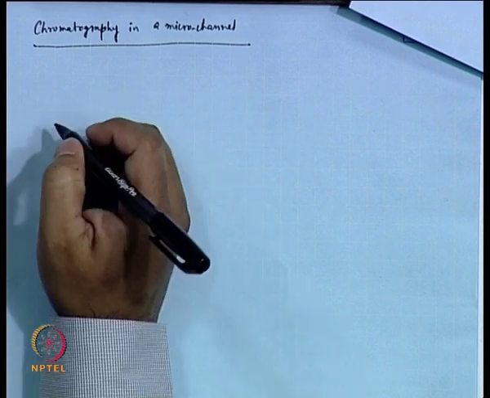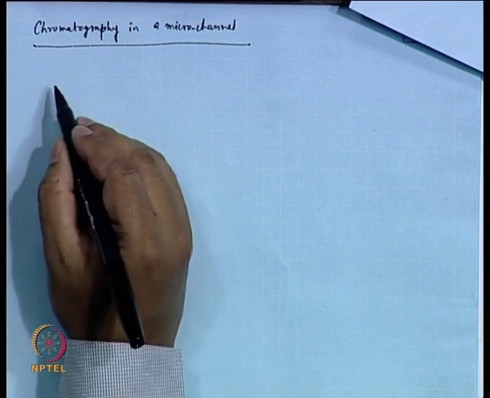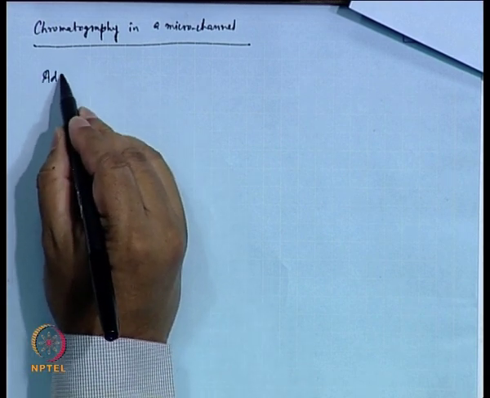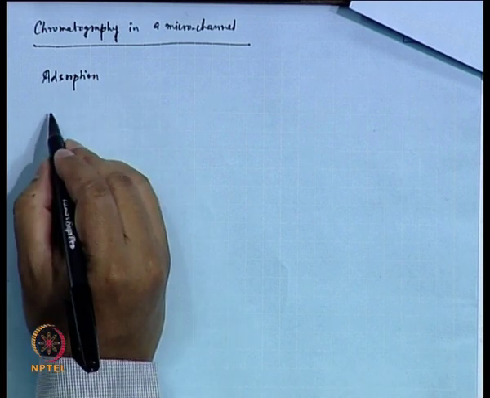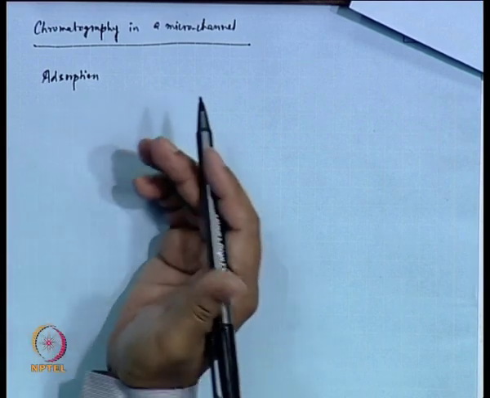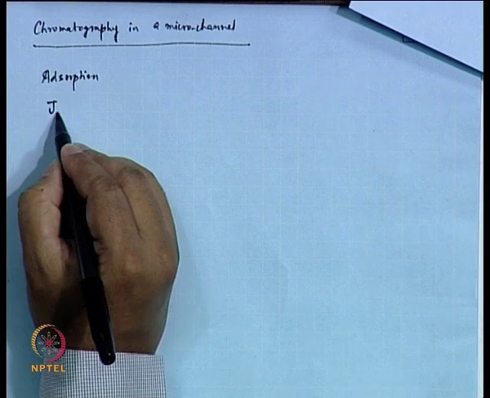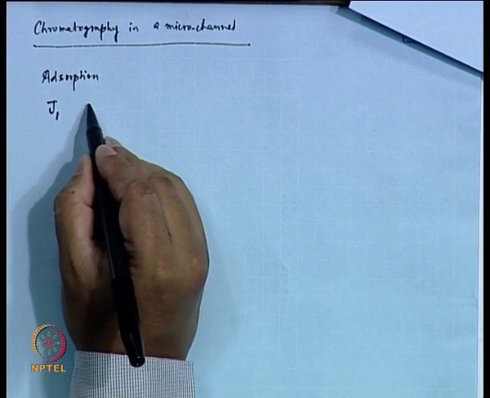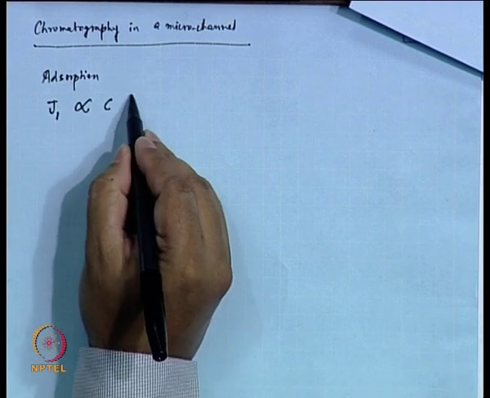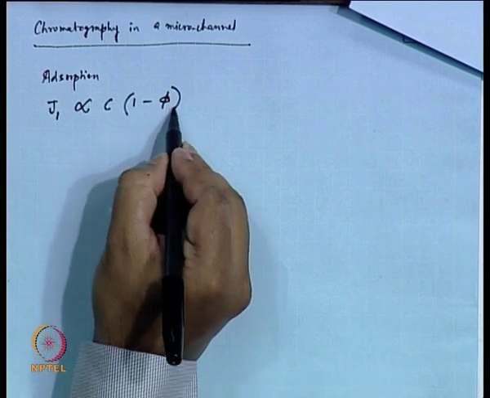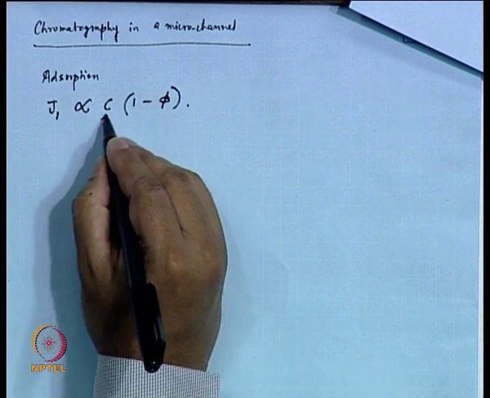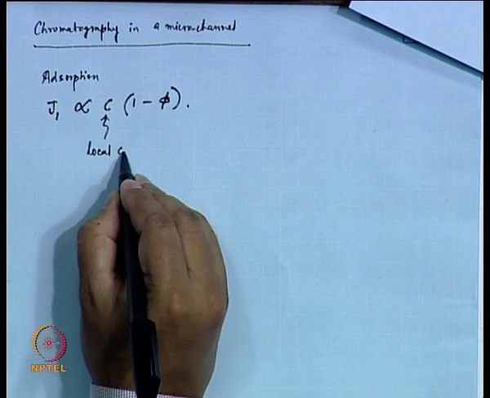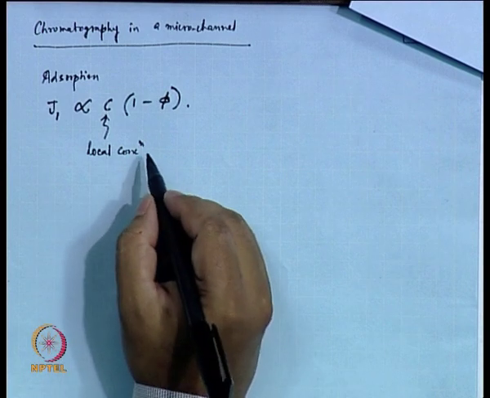What I mean by this is that in the case of adsorption, the flux of molecules moving from the gas phase to the solid phase is given as J1, which is proportional to C times (1 minus phi). What is C? C is the local concentration of that particular solute.